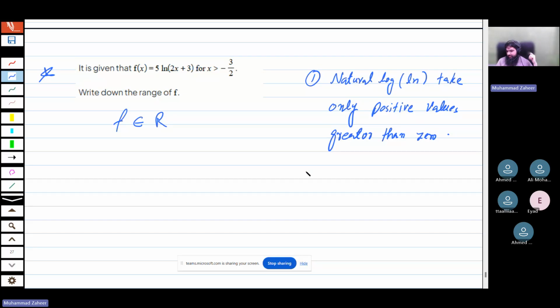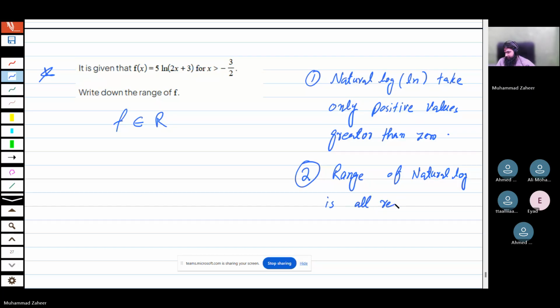The second thing for the natural log is the output. The range of the natural log is all real numbers.